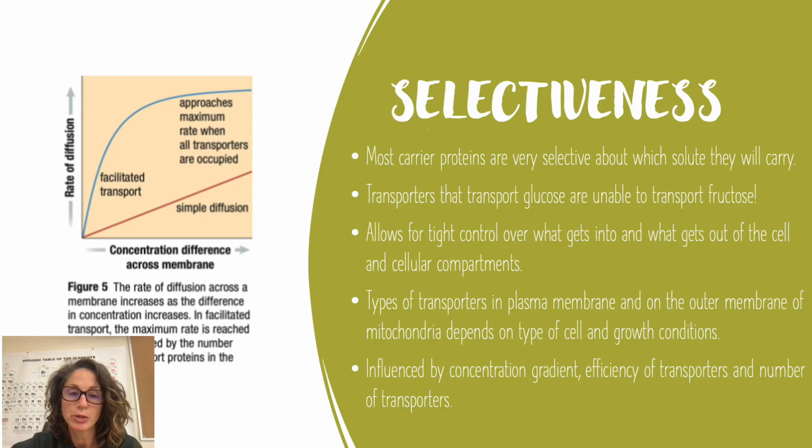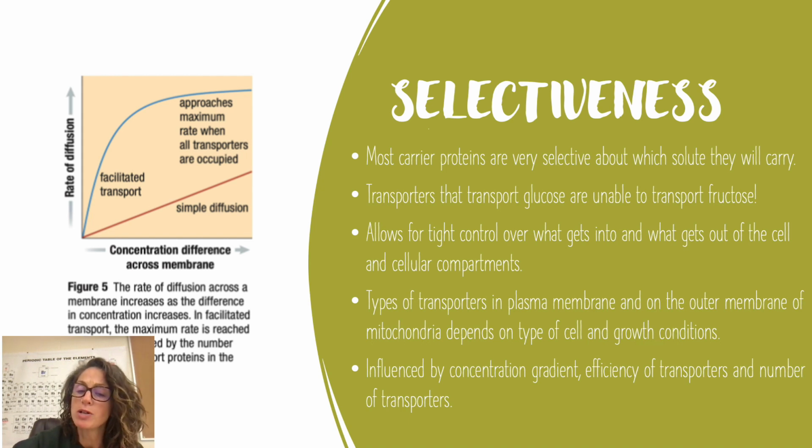Okay, as mentioned earlier, most carrier proteins are very selective about which solute they will carry. So in the last example, I was talking about glucose or tryptophan. A carrier protein would not transport both of those. It would transport just glucose or just tryptophan. So for example, transporters that transport glucose are actually unable to transport fructose.